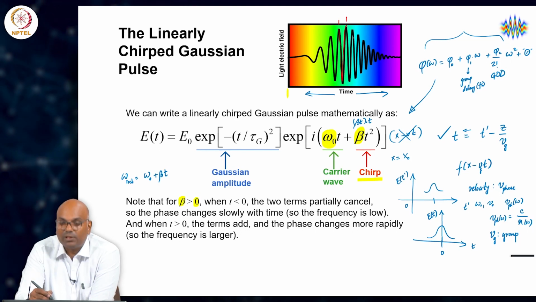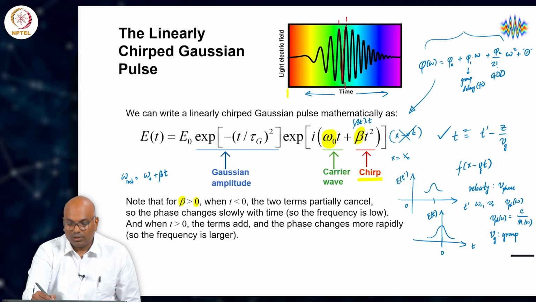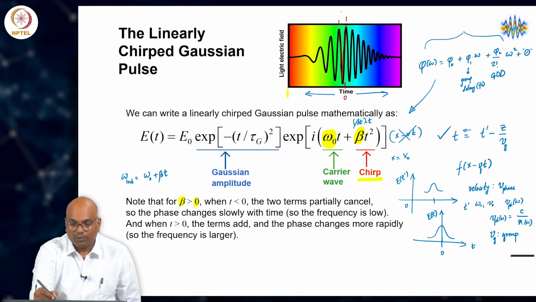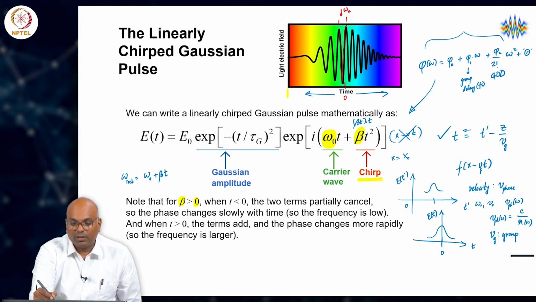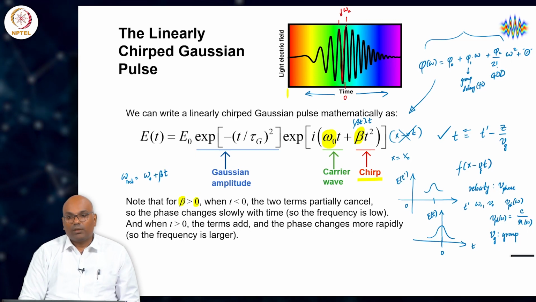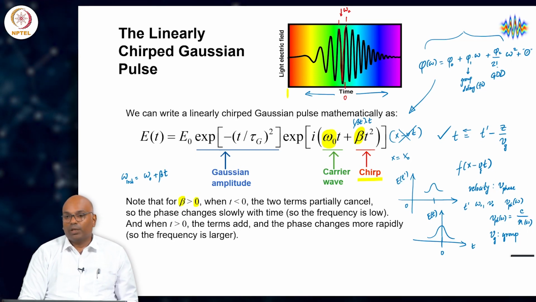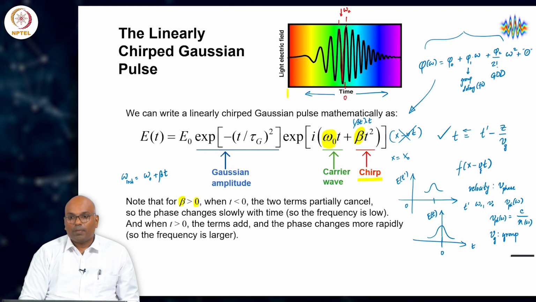When it finished one cycle, somewhere close to the 0 of time, if you measured an instantaneous frequency there, it would be closest to omega naught, or the carrier frequency.